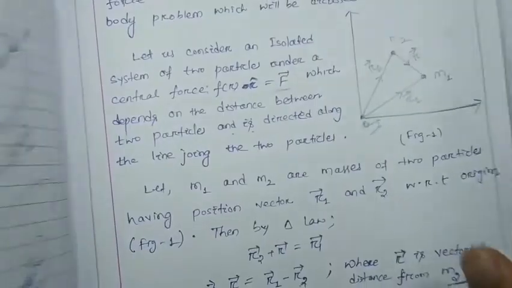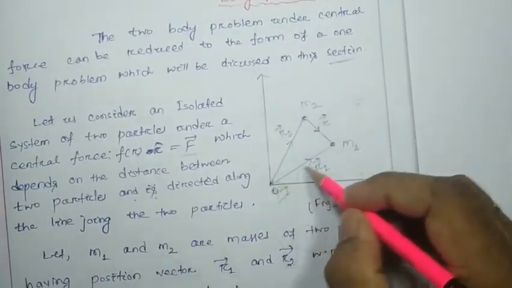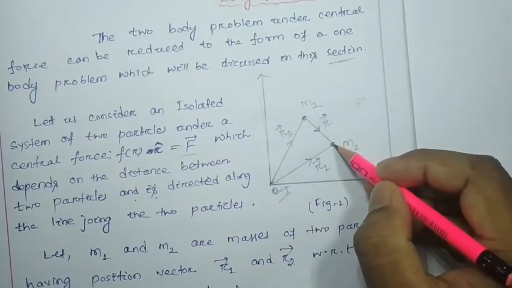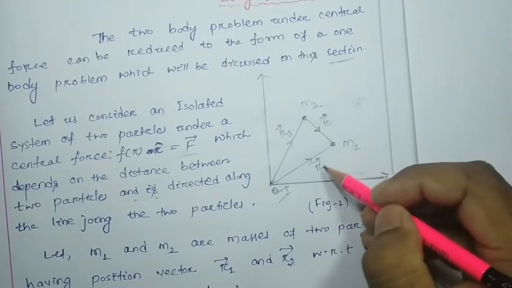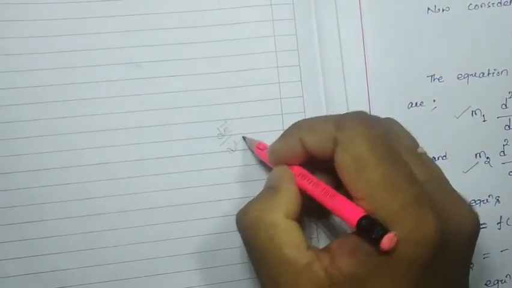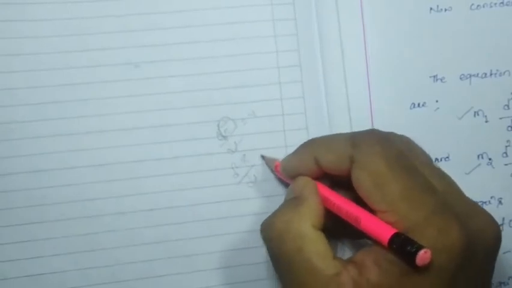If m1 is in motion, then this r1 is going to change. So m1 times r1 changing means we can consider its acceleration in the form of d square r1 by dt square, right? r is the position, so dr by dt will be the velocity, and the next derivative, d square r by dt square, will be the acceleration.